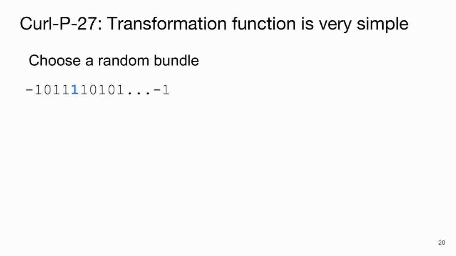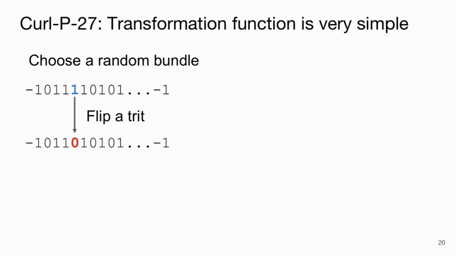So, as a byproduct of this, I can teach everyone in the room a really simple party trick where they can create colliding bundles for curl P. It requires a little bit of computation, but it's doable. So just choose a random bundle, a string of trits, and at the 17th or 26th position, copy that bundle and flip the trit.